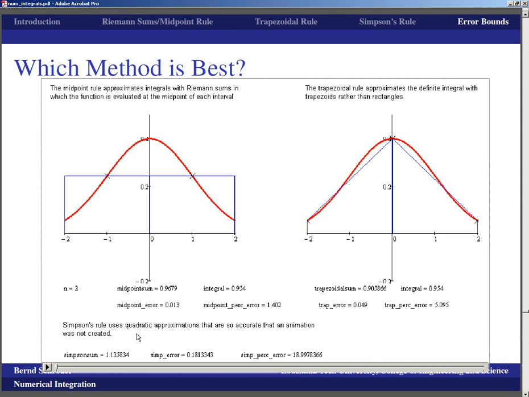And Simpson's rule uses these quadratic approximations that are really so accurate that I didn't even create an animation, because I think after the first or second step here, we wouldn't have been able to tell the difference between the areas anymore. And because that animation is rather challenging to write, I took the easy way out there. Well, what do we know?